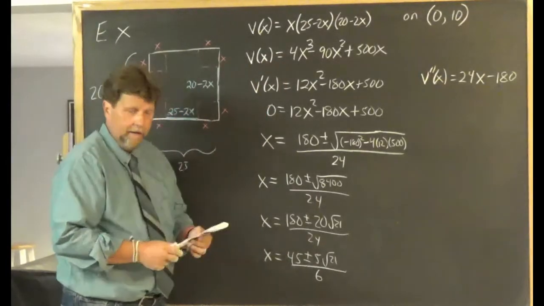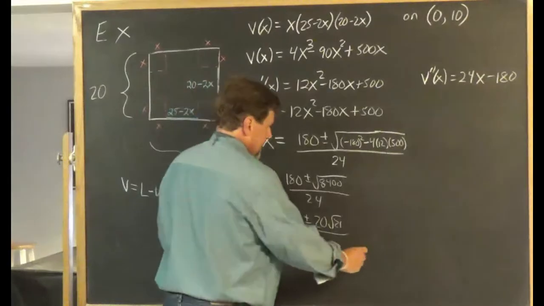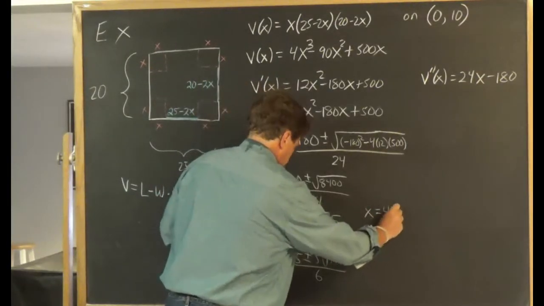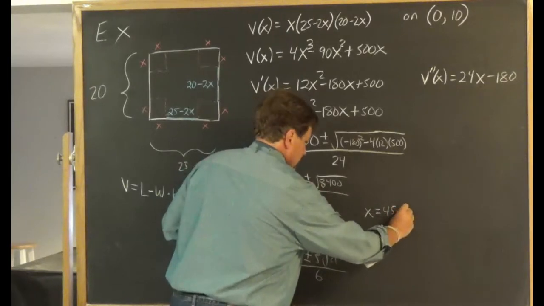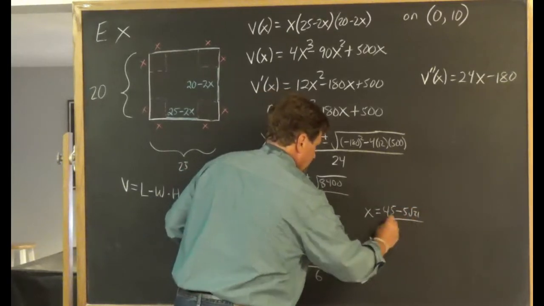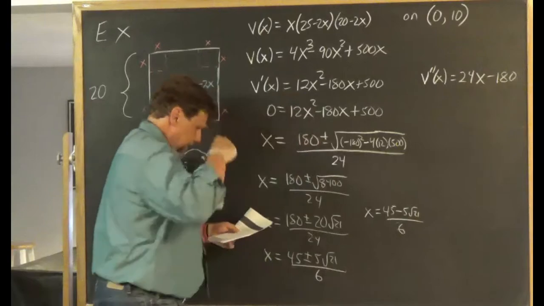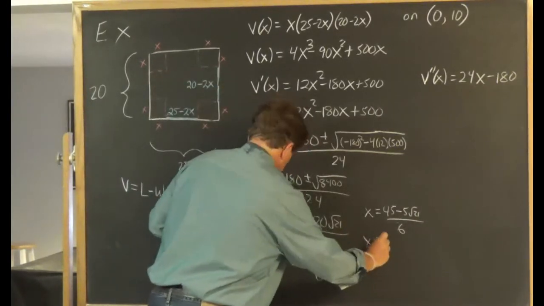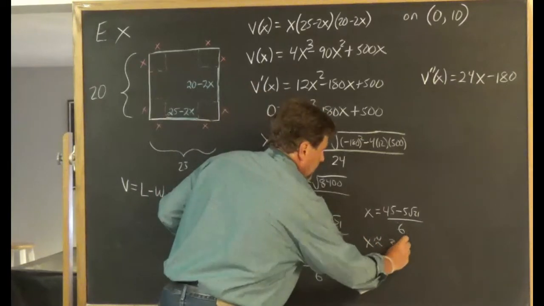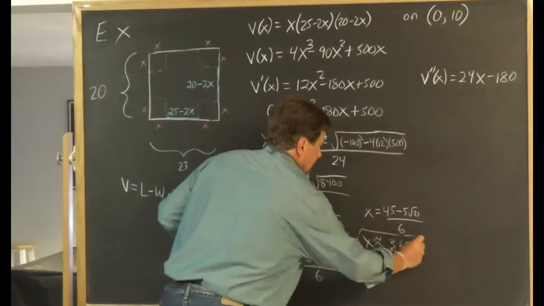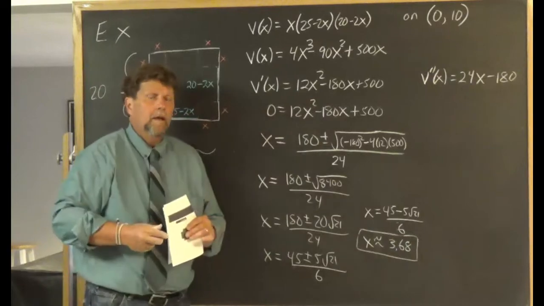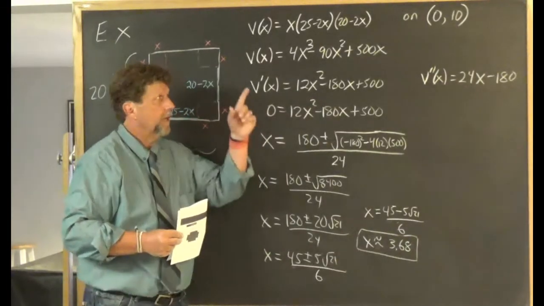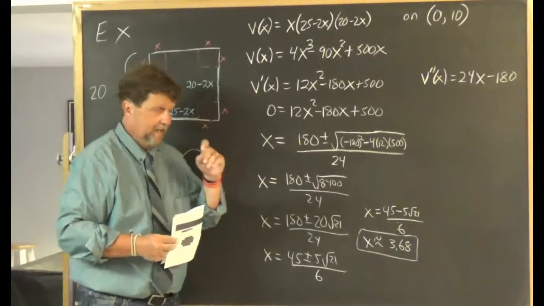That one is 45 minus 5 square root 21 over 6 as a decimal. I think that's about 3.68. So that is our critical value in that interval where the derivative is 0.